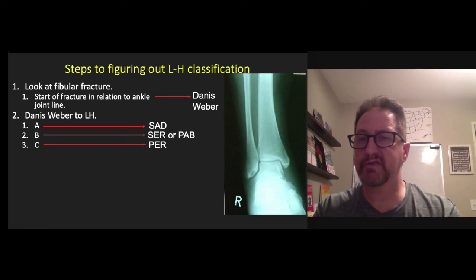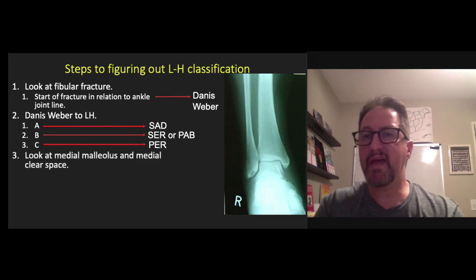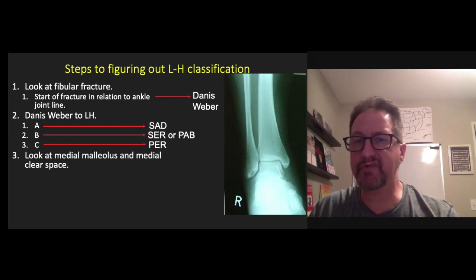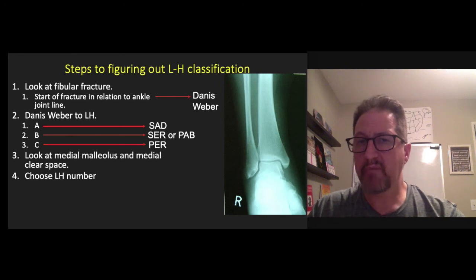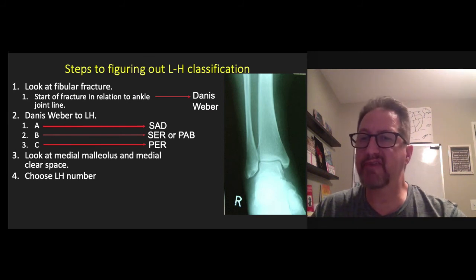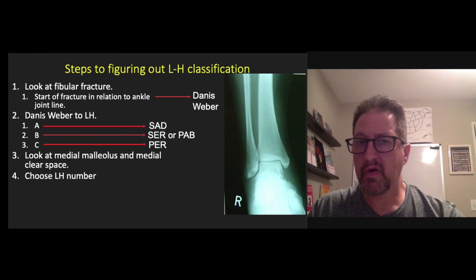Then you're going to look at your medial malleolus and your clear space to look for other fractures or displacement of the ankle joint. You'll then choose the Lauge-Hansen number based on what you're seeing on the fractures. For example, SAD only has 2 numbers, so an SAD1 or an SAD2.